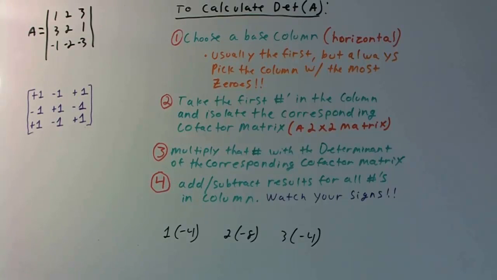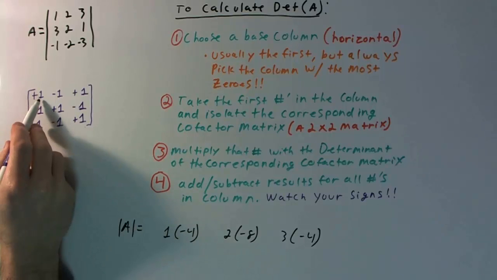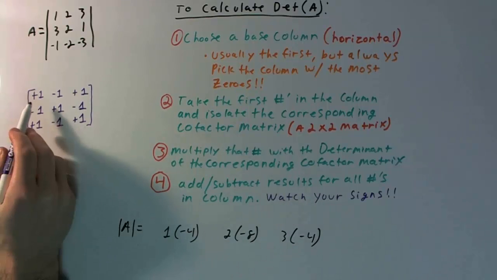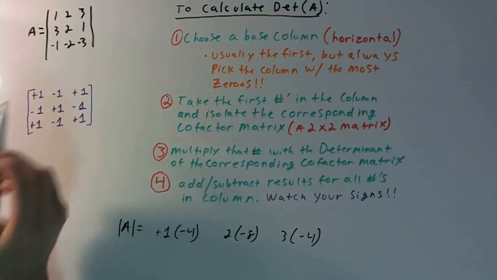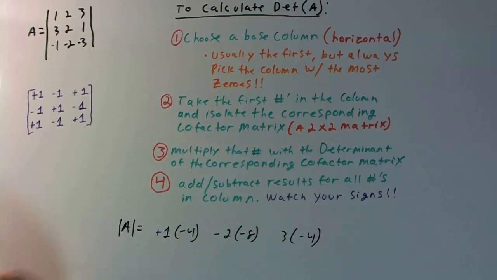The determinant of A is going to be these numbers added up, but we have to be careful of the sign. The number 1 is in the first column, first row, so it's positive. The second number is going to be negative, and the third number is going to be positive.